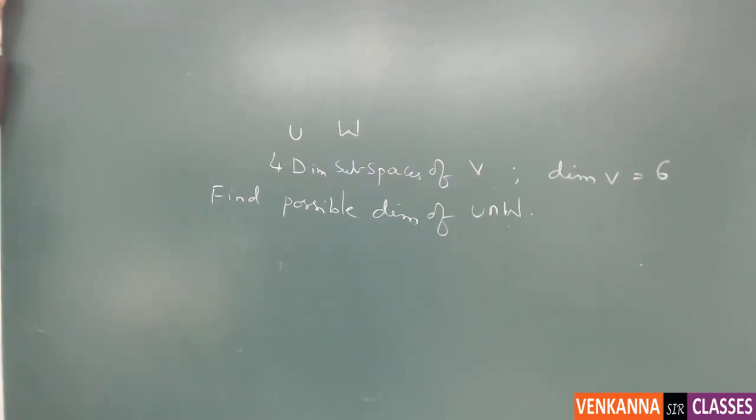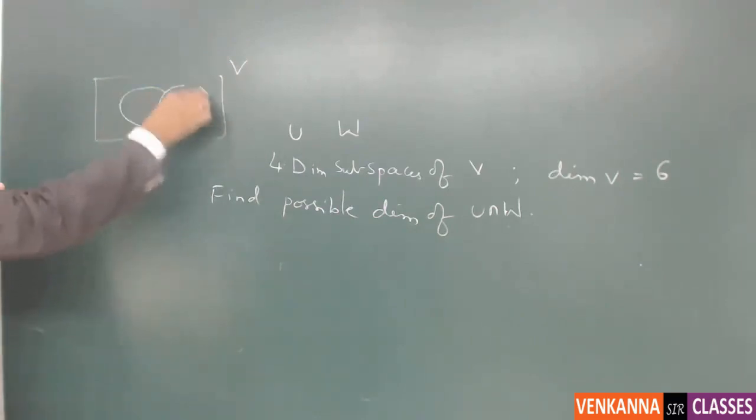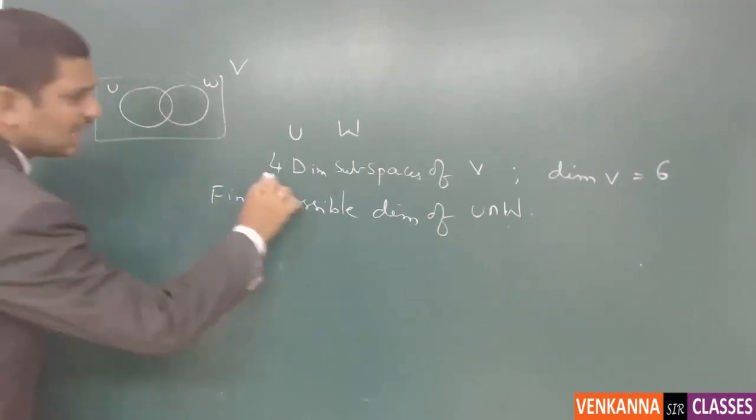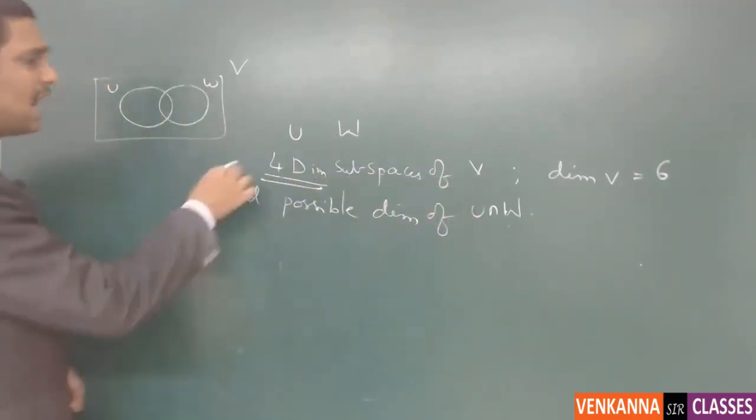It means that if I have found a basis for V, it contains exactly 6 elements. And also I have considered two subspaces of V. So this is my V and these are two subspaces U and W. And I am saying that these are 4-dimensional subspaces of V and they are distinct.